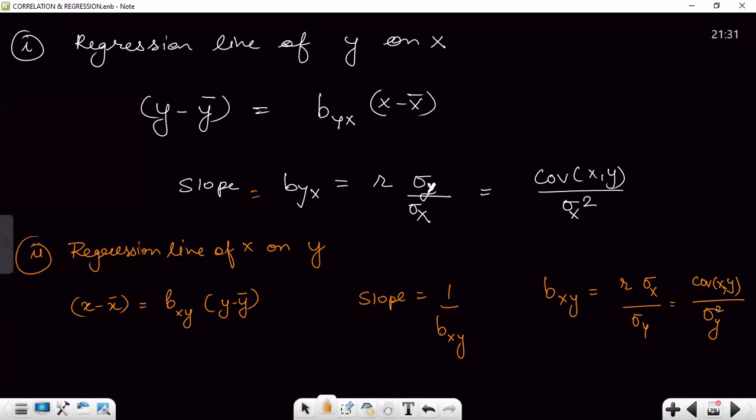Now we will talk about this correlation coefficient a little more. After getting to know this formula, let's talk about r more. Before moving ahead, please tell me, are there any doubts in understanding any of this, byx or bxy or anything? Yes or no?